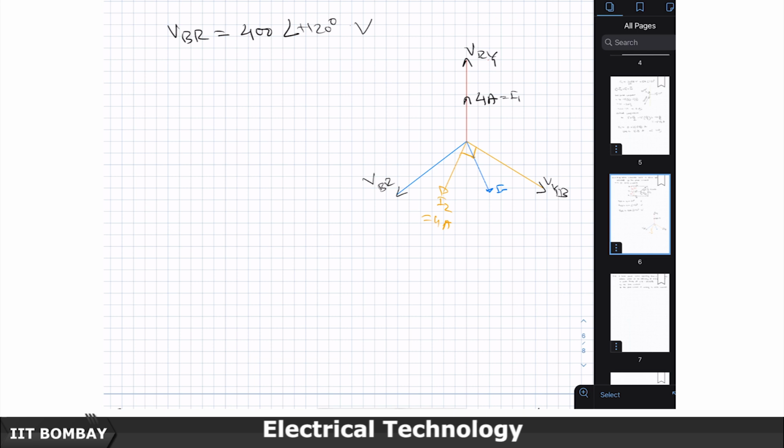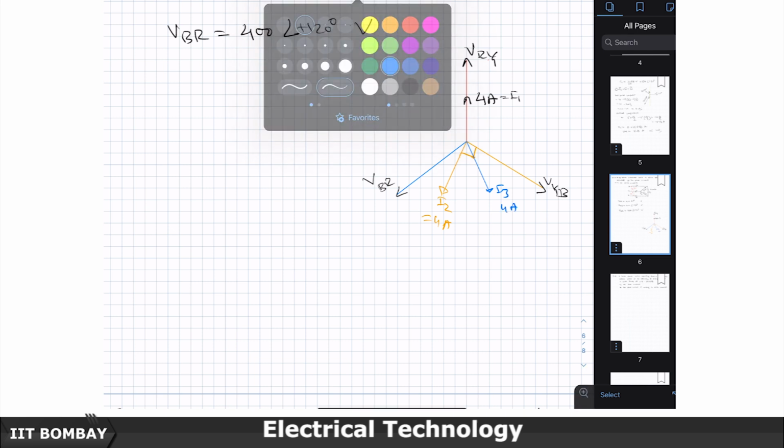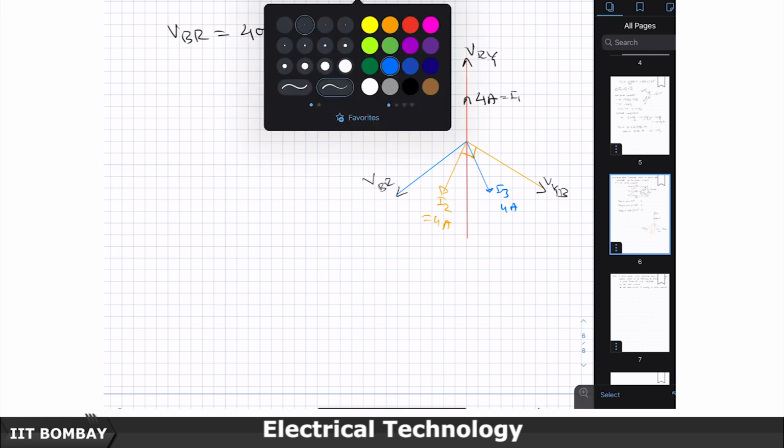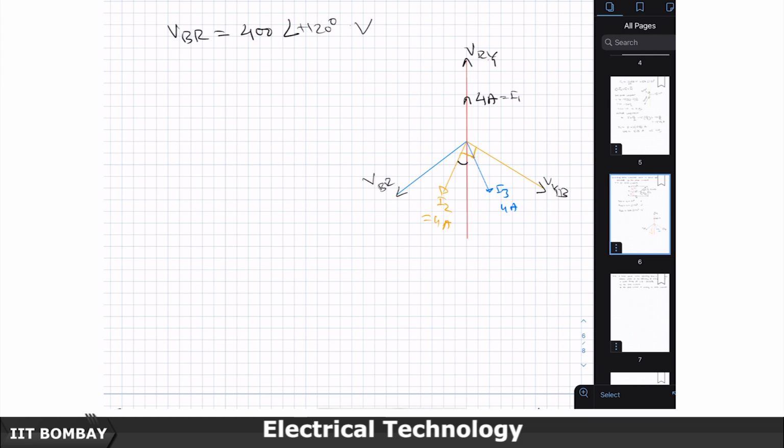In this case, I3 will also be 4 amperes, and if I sketch this vertical line down like this, you get 30 degrees here and 30 degrees here. This is also 4.